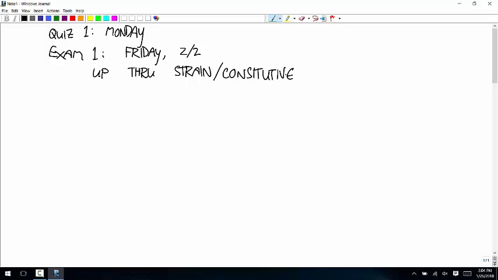By the way, I never said, I don't think, what constitutive means. The constitutive relationship is the relationship between stress and strain.